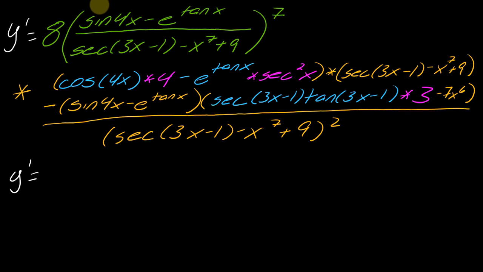Okay, so as I go through this, I'm going to start with this part, 8, and then sine of 4x minus e to the tangent x. So this to the 7th, and then this is going to be multiplied by all of this stuff here. So it's going to be a little bit of work. So let's see.